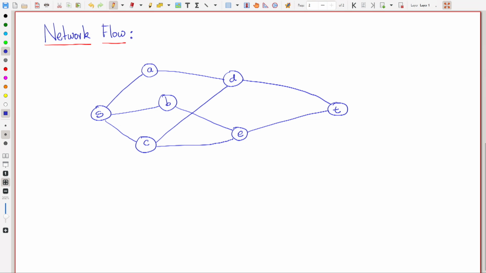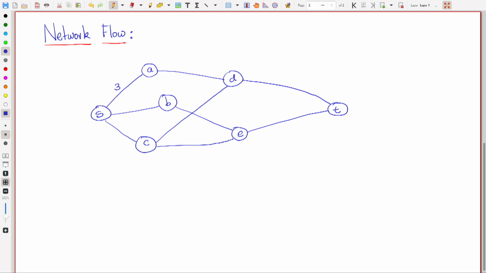So, for example, S could be some place where military hardware is produced. T is the place where you need to transport them to fight a war, and these could be airports in between through which you have to transport it, and you cannot fly directly maybe because it is too far. These routes may have capacity.